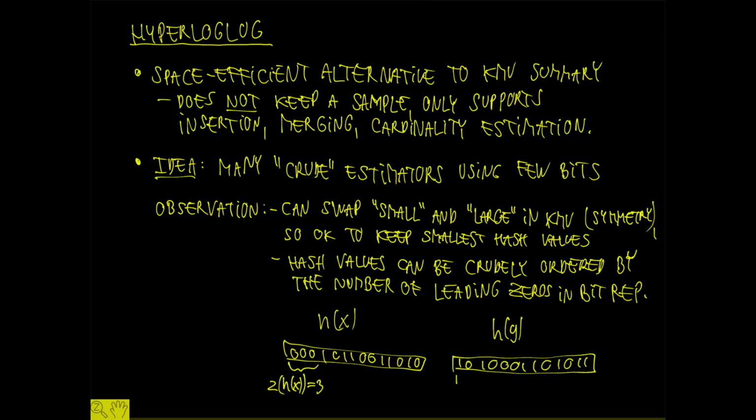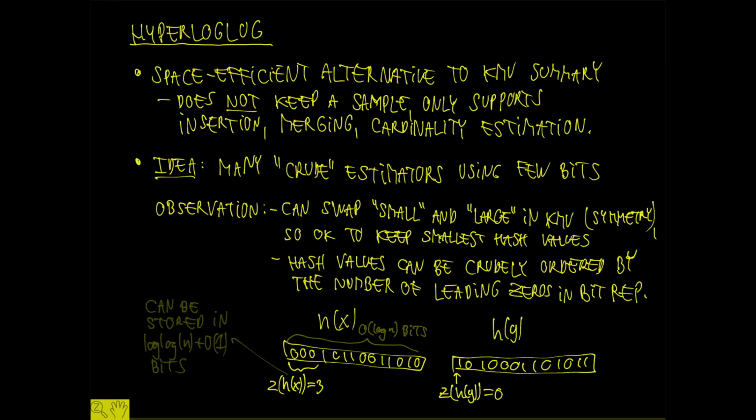Another hash value might look like this, with a 1 in the first place, so zeros of h(y) is 0. So just storing the zeros value rather than the hash itself is cheaper than storing the hash. If the hash is order log n bits, we can store the number of leading zeros in the logarithm of that, which is log log n plus a constant number of bits. In practice, log log n for any reasonable value of n is something like 6 to 8.